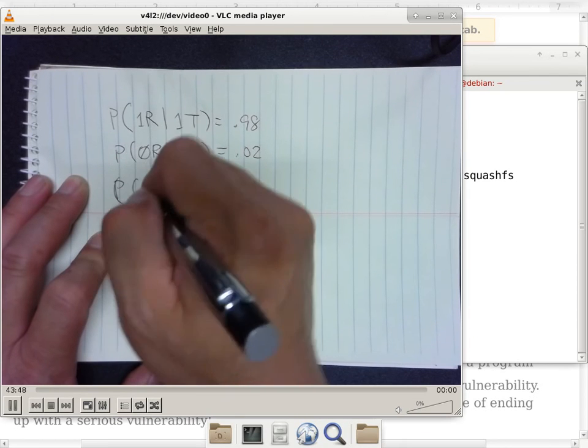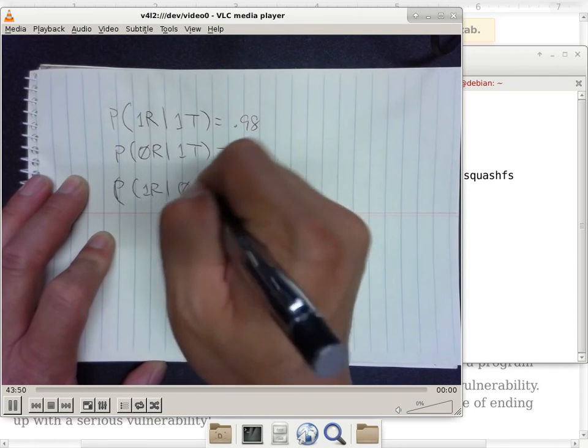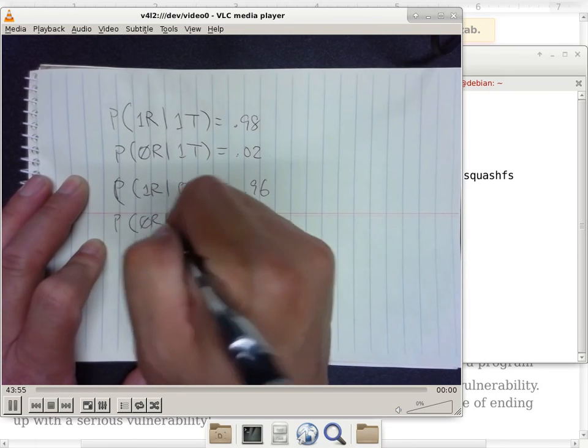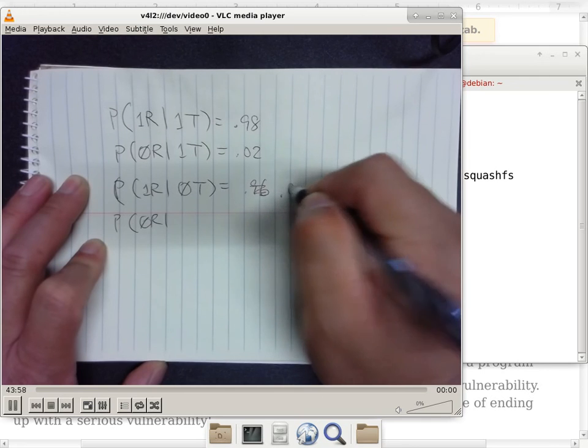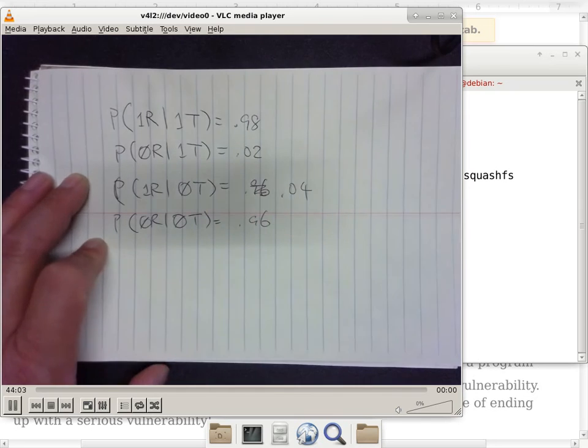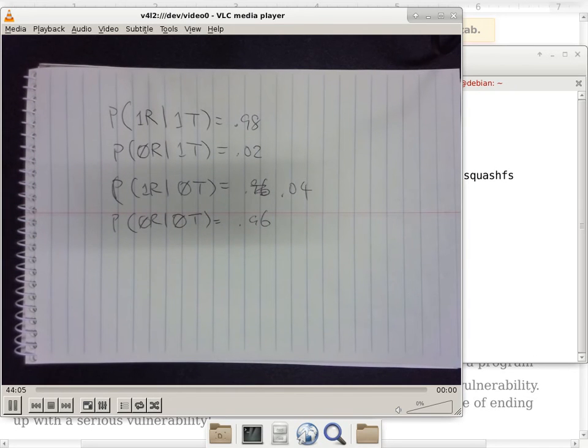The probability of a 1 received when a 0 is transmitted is 0.96. And the probability of a 0 received, oops, I take it back, this is 0.04 and this one is 0.96. Whether you look at it as conditional probability or not depends on what you see as your omega. If you see 2 distinct omegas, then it's not conditional probability anymore. If you see only 1 single omega for everything, then yes, it is conditional probability.